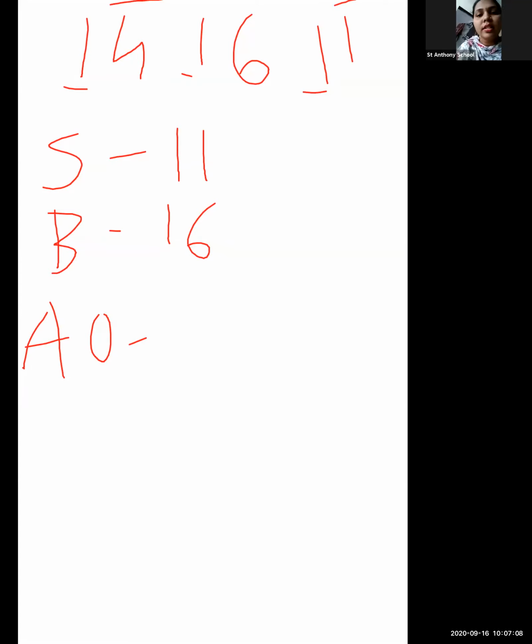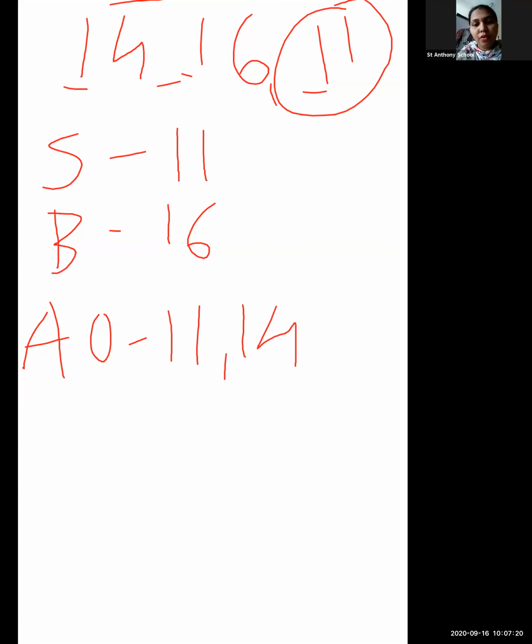Here 1 is the smaller number in the ones place. So we write first the smallest, 11, then 14 and then 16.